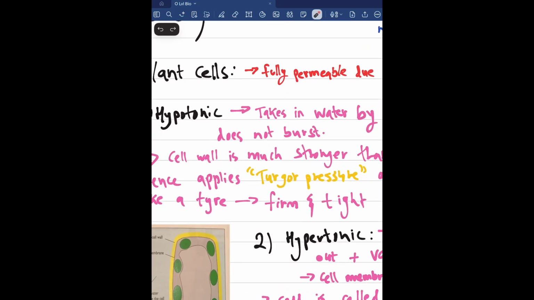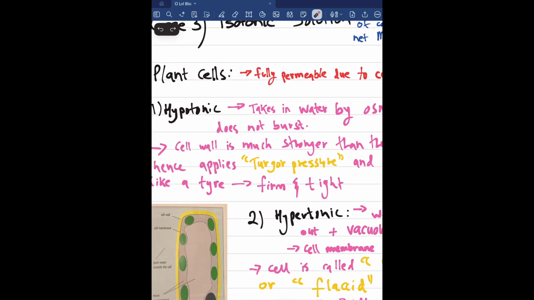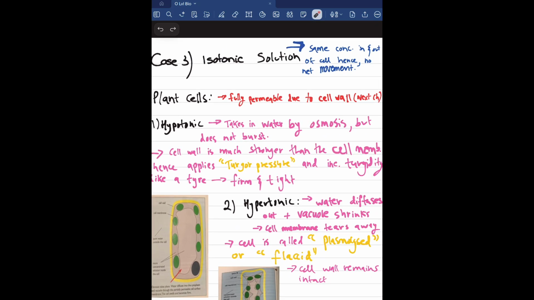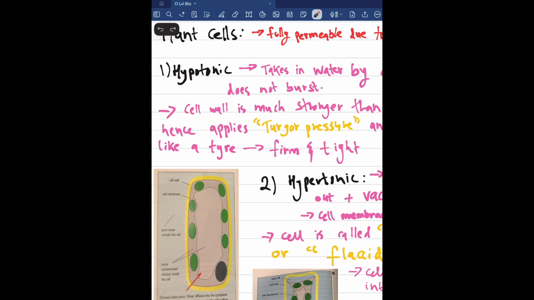When we come to plant cells, we need to establish a fact that plant cells have a fully permeable cell wall, right? We would again learn about this in the cells chapter, but plant cells basically have a fully permeable cell wall. So in the same hypotonic solution where we have more water outside the cell as compared to inside, what is the result?